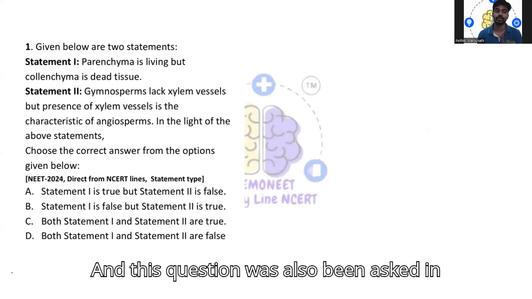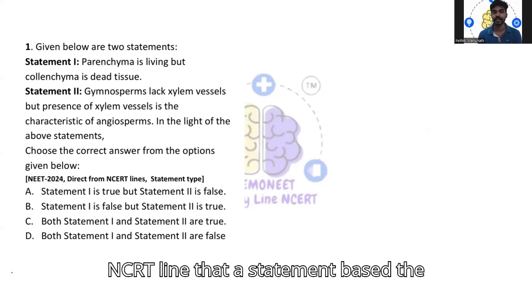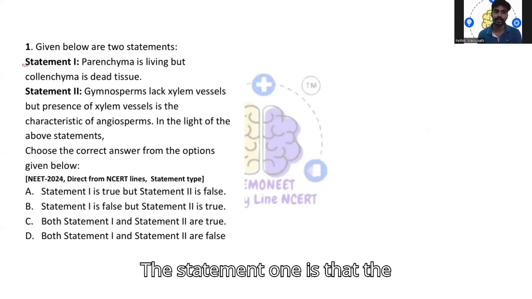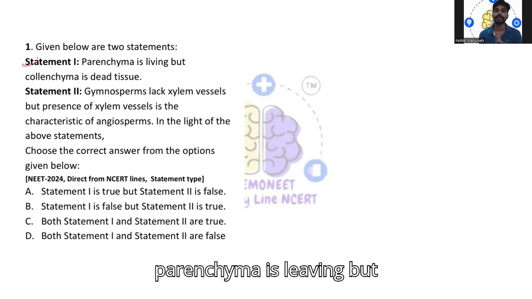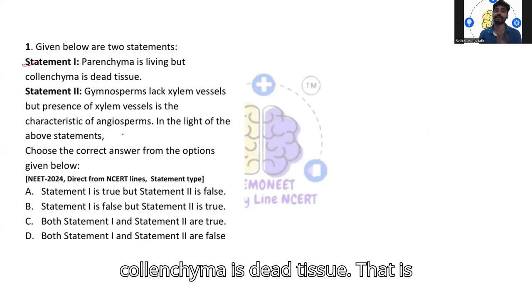This question was also asked in 2024, and it is directly from the NCERT line, a statement based question. Statement one is that the parenchyma is living, but collenchyma is dead tissue.